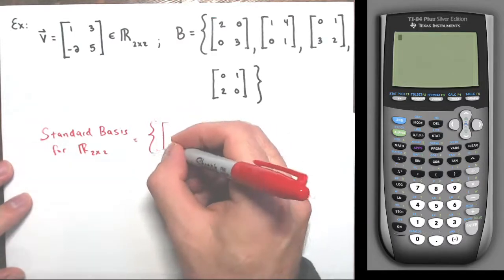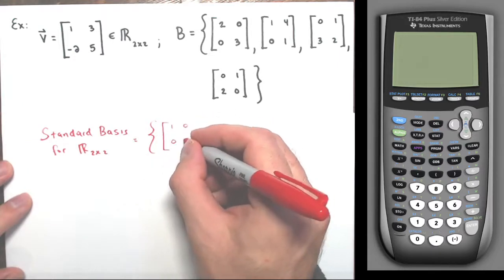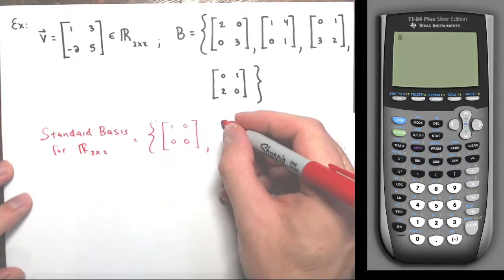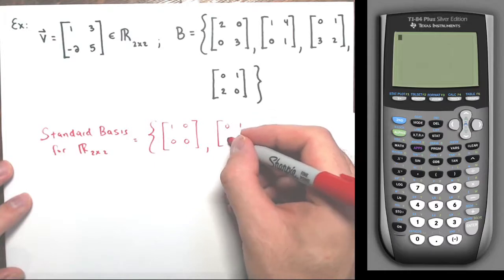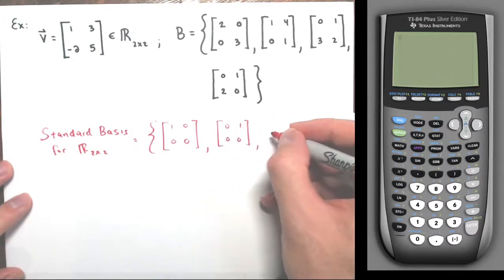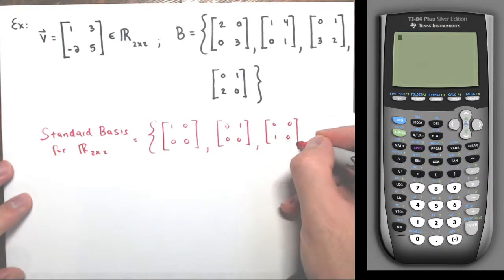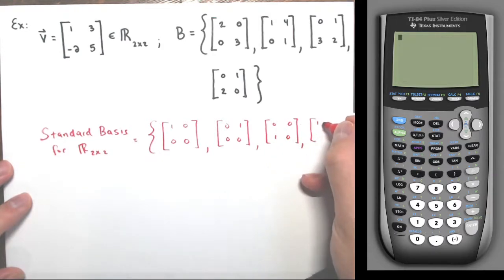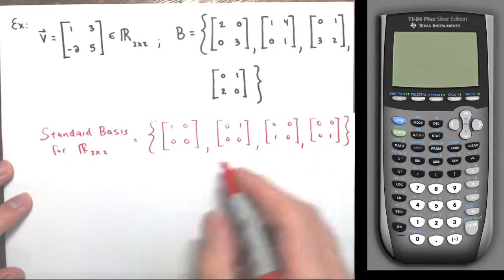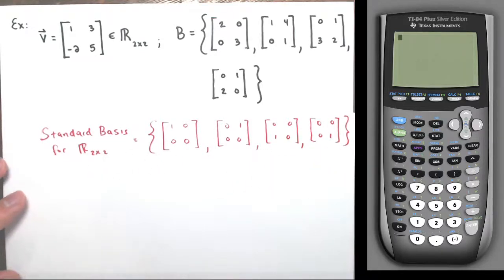So 1 in the upper left hand corner, then 1 in the upper right hand corner, then 1 in the lower left, and then 1 in the lower right. This was the standard basis for our 2x2.